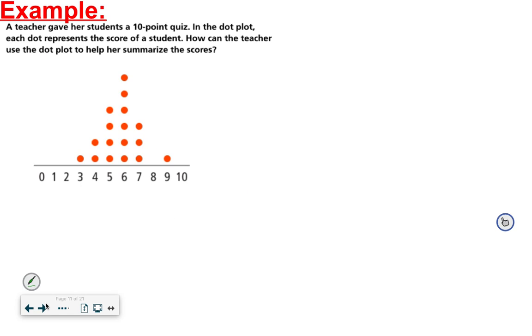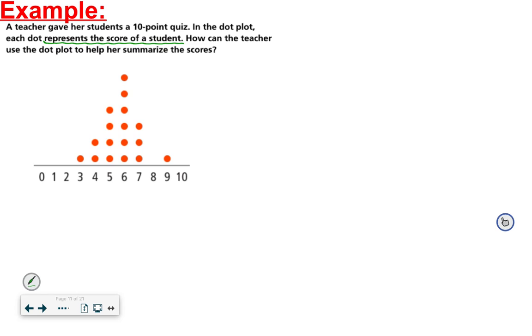The teacher gave her students a 10-point quiz. In the dot plot, each dot represents the score of a student. How can the teacher use the dot plot to help her summarize the scores? As you see here, each dot represents a student and how many points he or she got on the quiz.